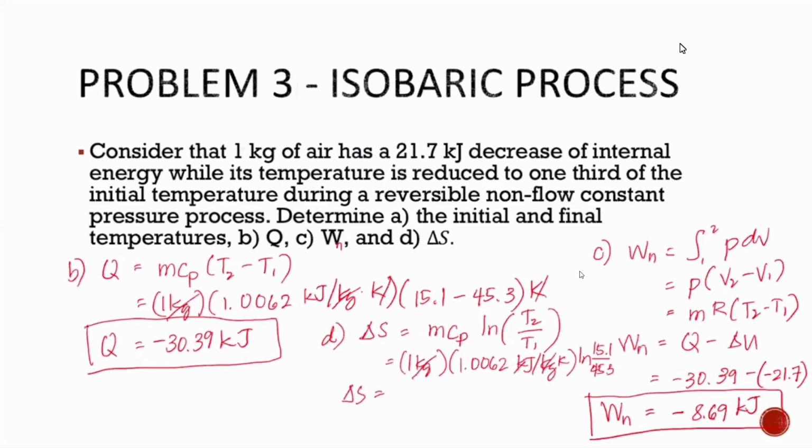Okay, what is the change in entropy? Cancel kilogram. So our unit will become kilojoules per Kelvin. We do not cancel Kelvin here. Kelvin over Kelvin inside the ln T2 over T1 already cancels. This is our unit, kilojoules per Kelvin. It's a natural logarithm. What is the value? Negative 0.11.